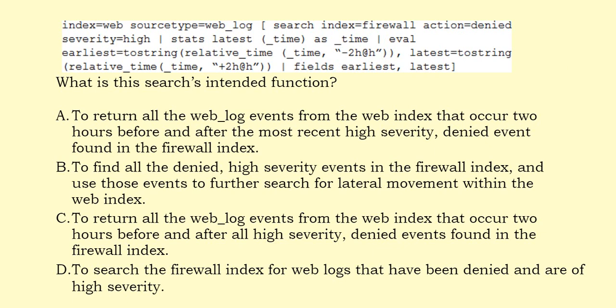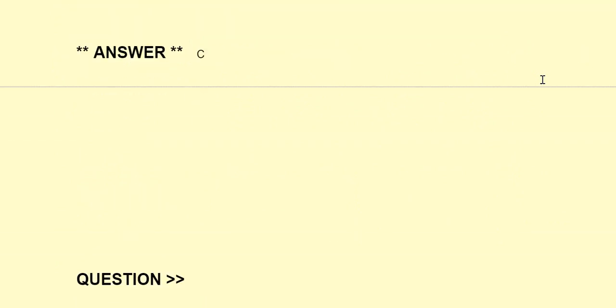Option C. To return all the web_log events from the web index that occur 2 hours before and after all high severity denied events found in the firewall index, to search the firewall index for web logs that have been denied and are of high severity. The correct answer is option C.